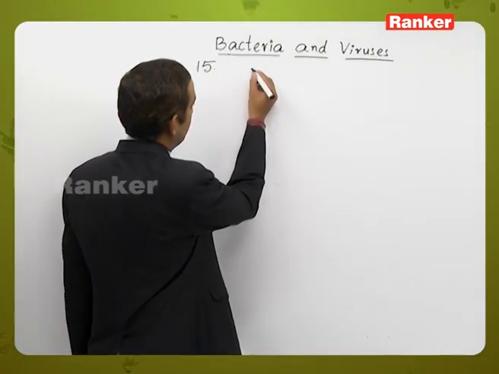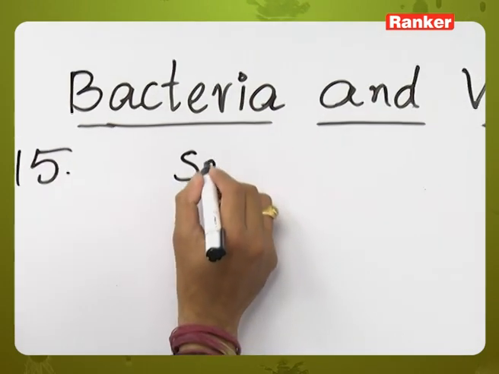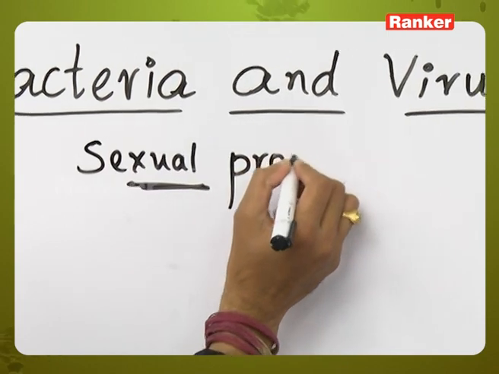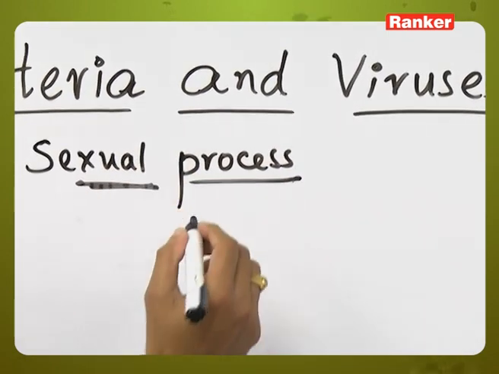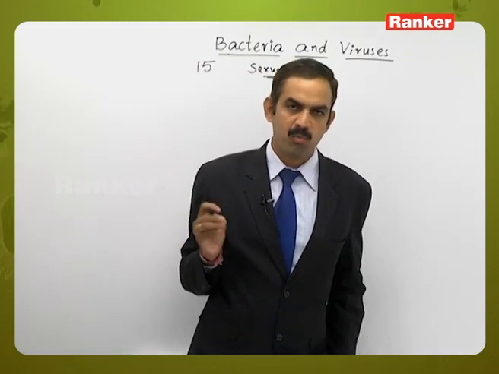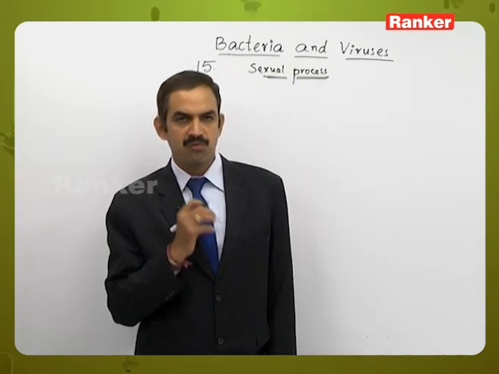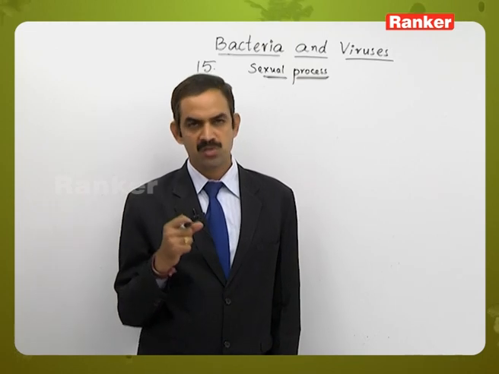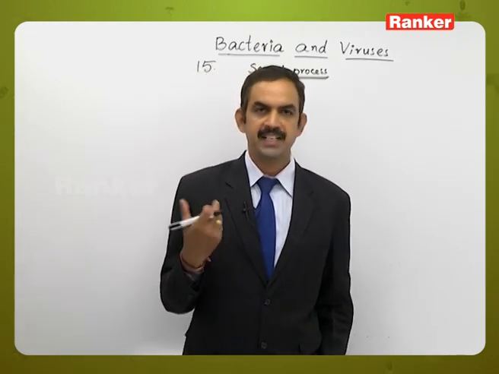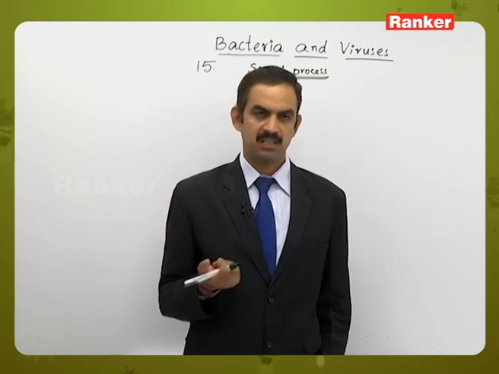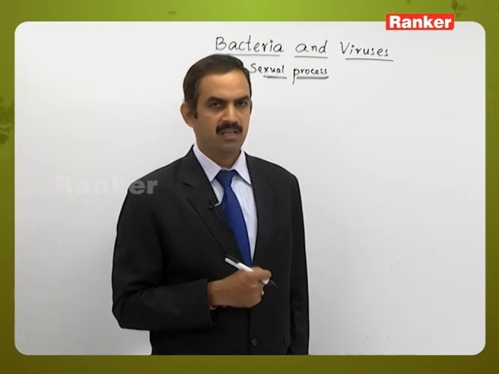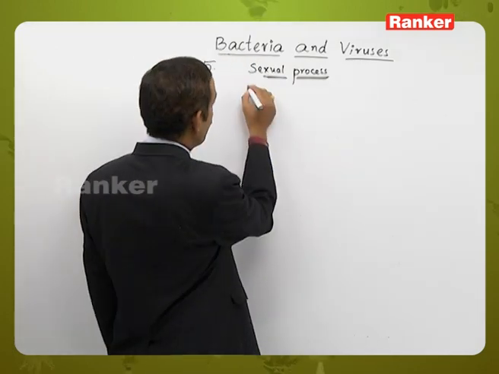Here, if you consider the sexual process in bacteria, before considering the bacteria, when we consider sexual reproduction, there should be gamete formation and the fusion of the gametes and formation of the zygote leading to further divisions, either by mitosis or by the meiotic process. But here in bacteria, no gamete formation.